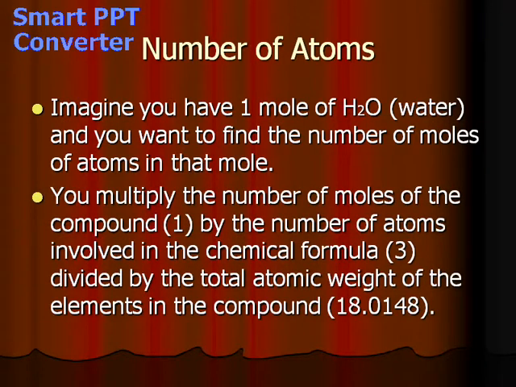You multiply the number of moles of the compound, 1, by the number of atoms involved in the chemical formula, in this case 3, as with 2 hydrogen atoms and 1 oxygen atom, 2 plus 1 equals 3, and then divide that by the total atomic weight of the elements in said compound.